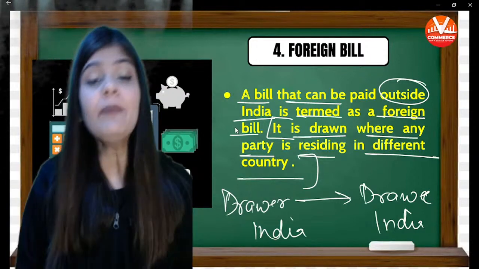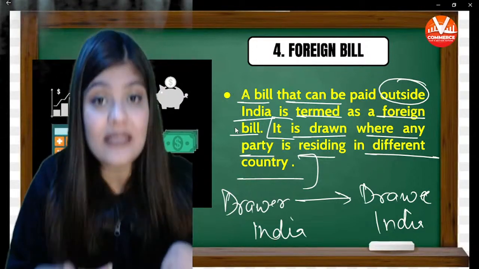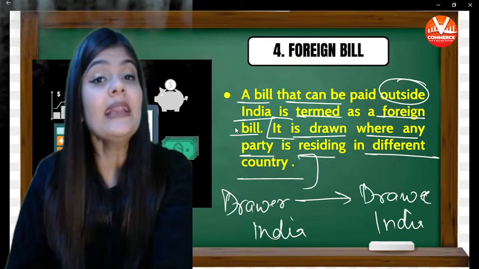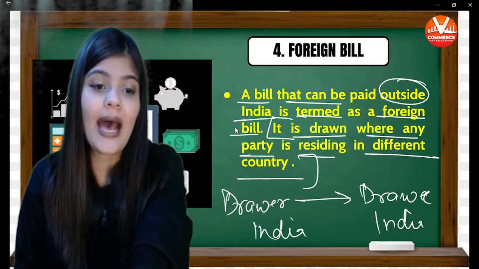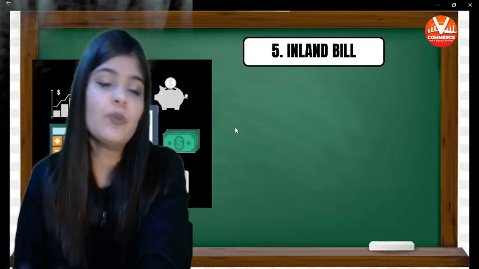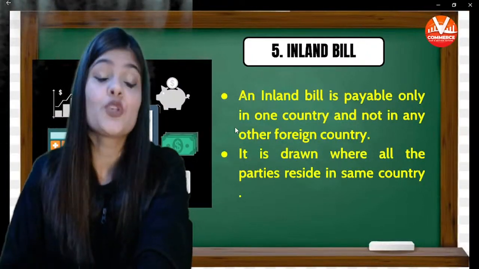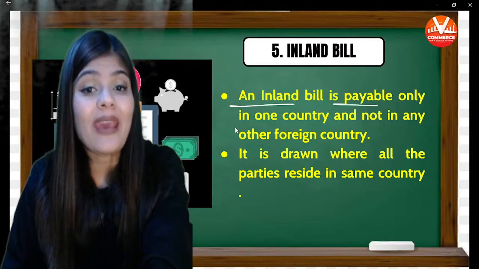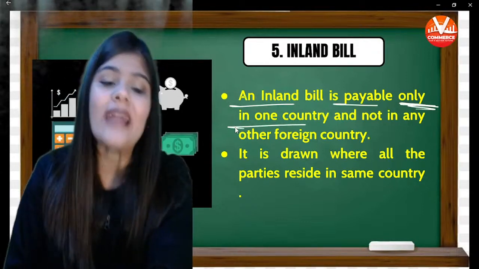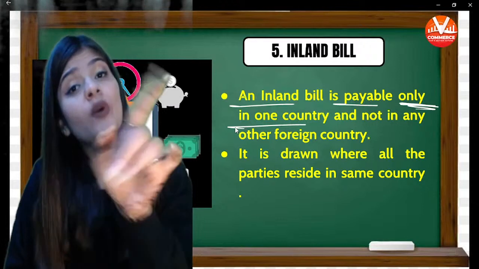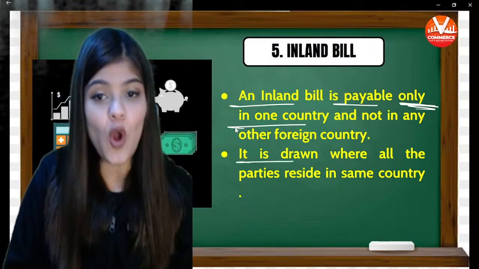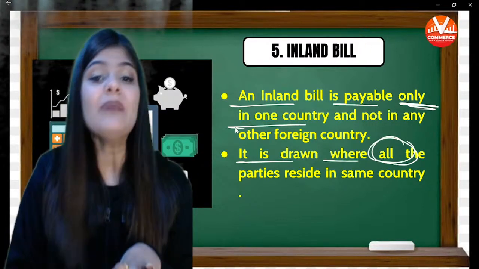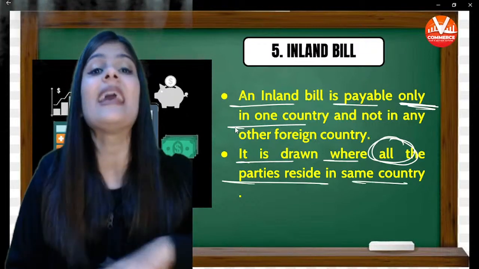So when all the parties are in the same country, then the bill is called as inland bill. So what is inland bill? An inland bill is payable only in one country. It is payable only in one country, and it is drawn where all the parties reside in same country.